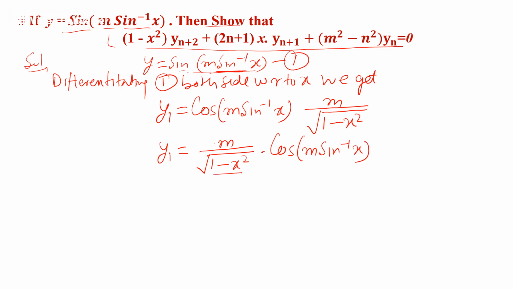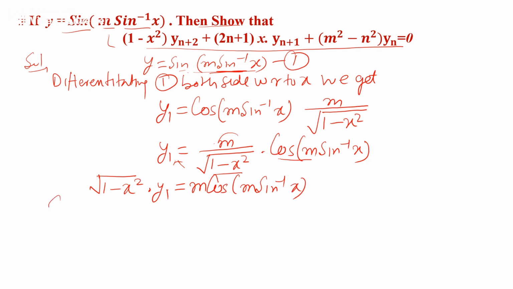So multiply that term on the left hand side. We can write root 1 minus x square into y1 equals m cos(m sin⁻¹ x).